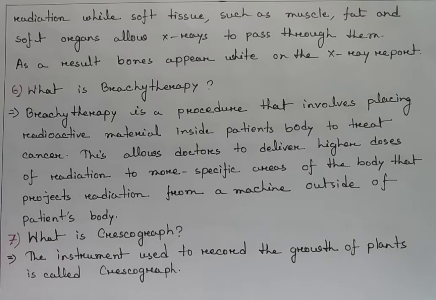Having calcium, the density of bone is much higher than the other organs or parts of the body. So X-ray radiation can pass through soft tissues, and as bones absorb the radiation, bones appear white on the X-ray report, while other organs, tissues, and muscles appear as gray or black color in the X-ray report.